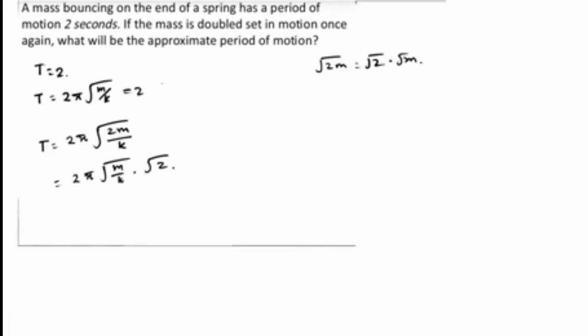Then I can simply substitute this 2 for this value, and it is going to be 2 times square root of 2. We know that square root of 2 is 1.4, so 2 times 1.4 is equal to 2.8, and that is the final answer, 2.8 seconds.